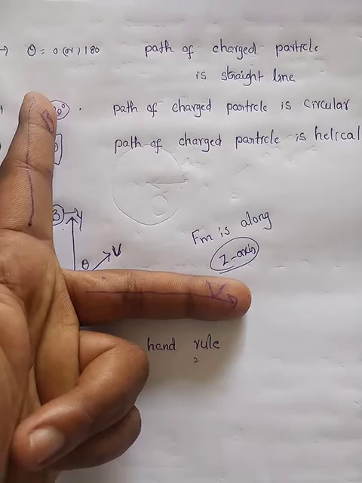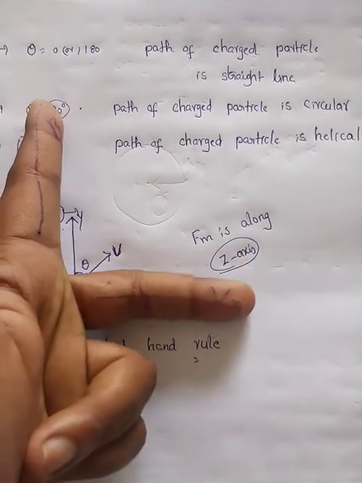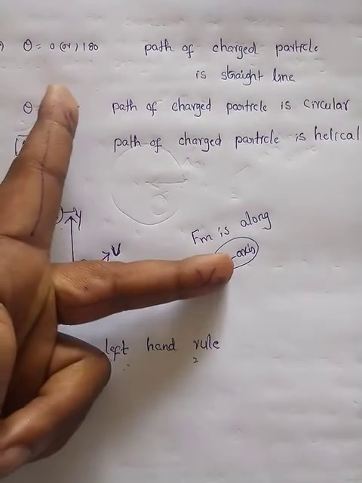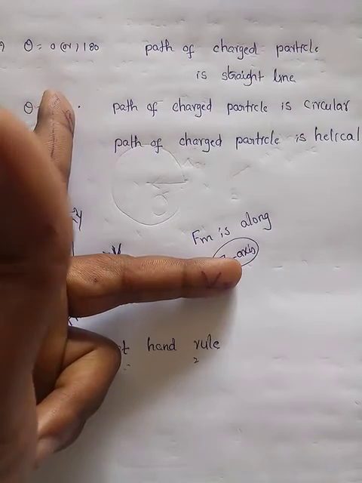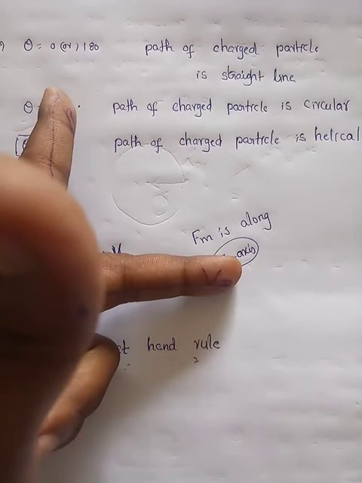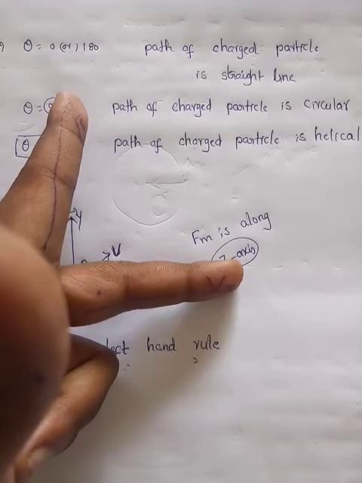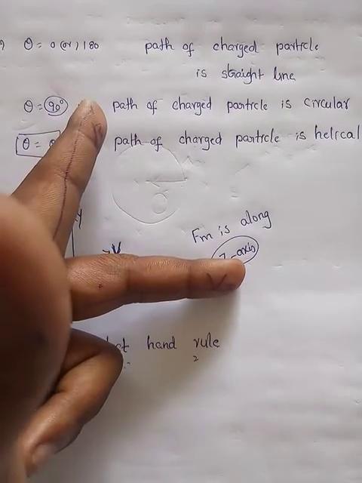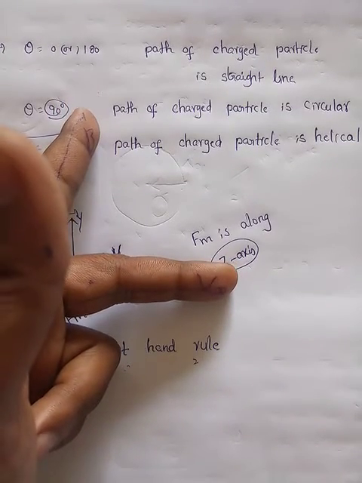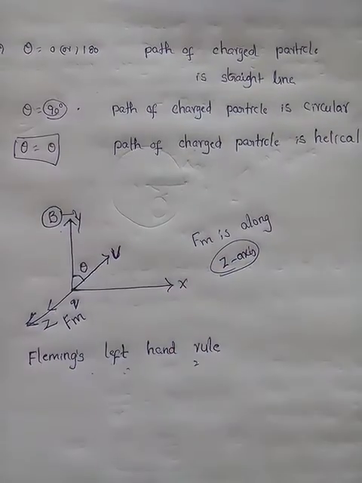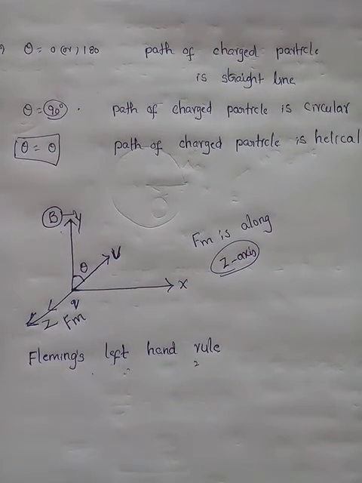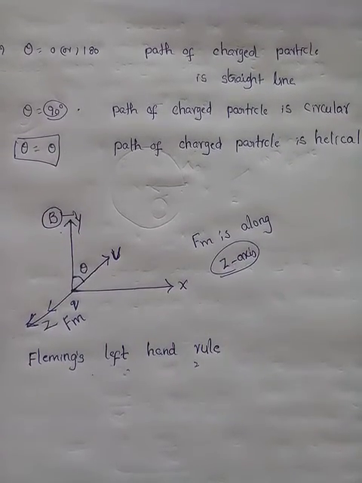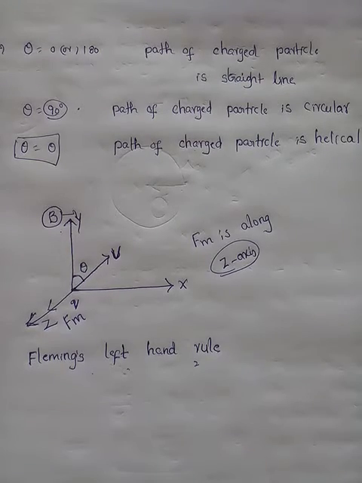For example, the particle is moving along the x axis and the magnetic field is along the y axis. Then my thumb points out of the plane, that is nothing but the positive z axis. This is the way to calculate the direction of force experienced by a charged particle using Fleming's left hand rule.